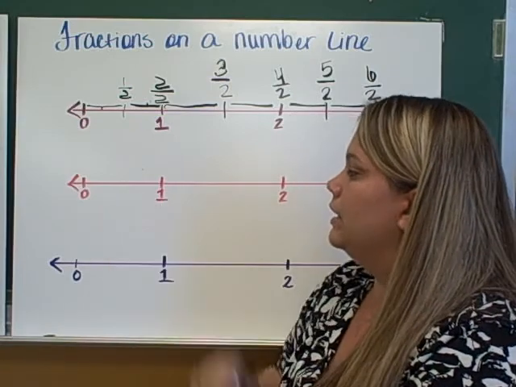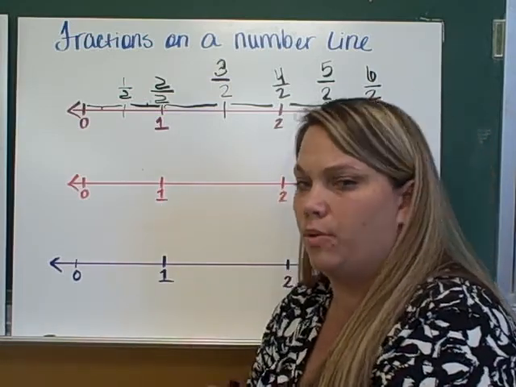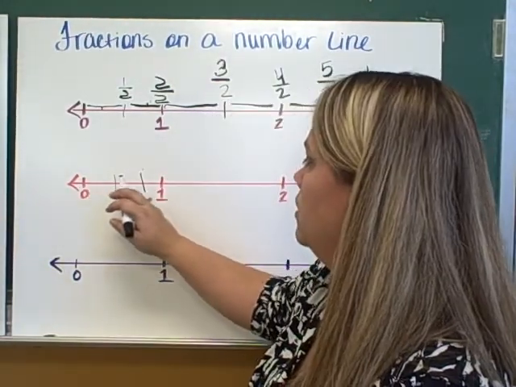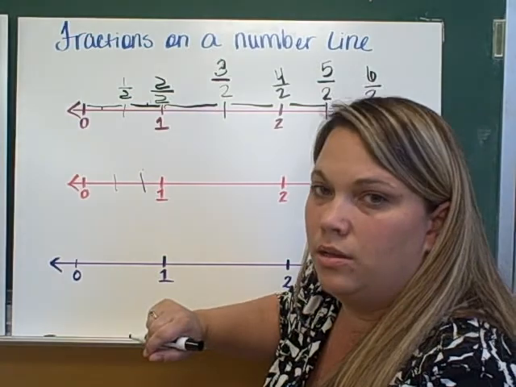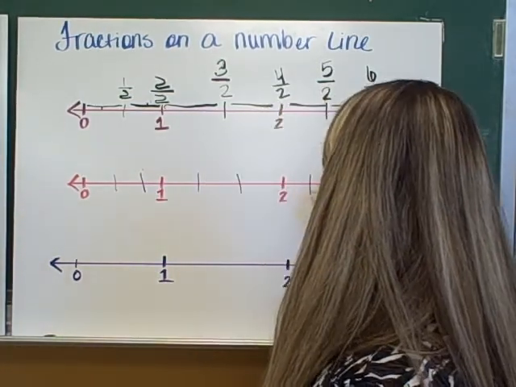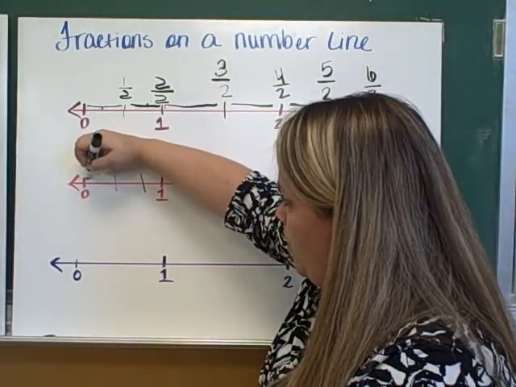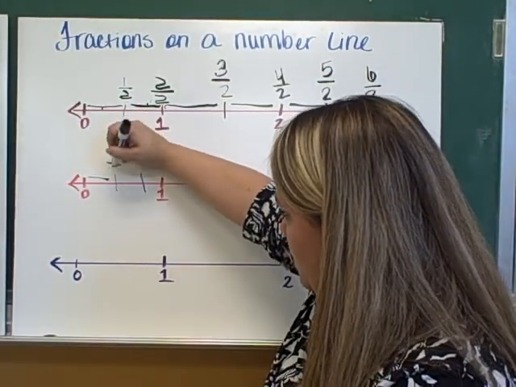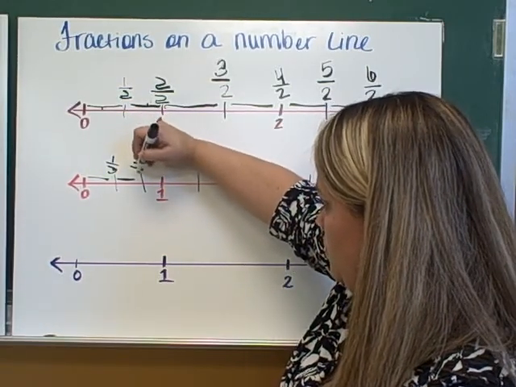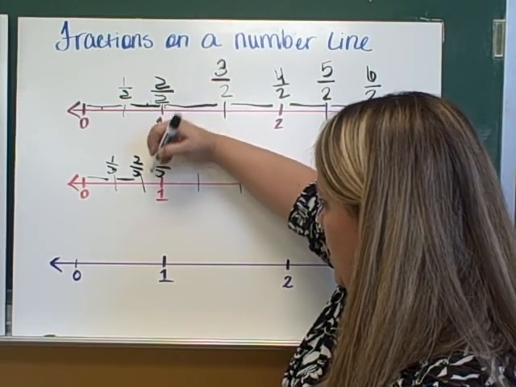All right, let's look down here, and this time we're going to divide it into 3 groups. So 1, 2. I now have 1, 2, 3 sections. And I'm going to go ahead and do that down here and down here. All right, so again, if I go one place, I've gone 1 out of 3, 2 out of 3, 3 out of 3.